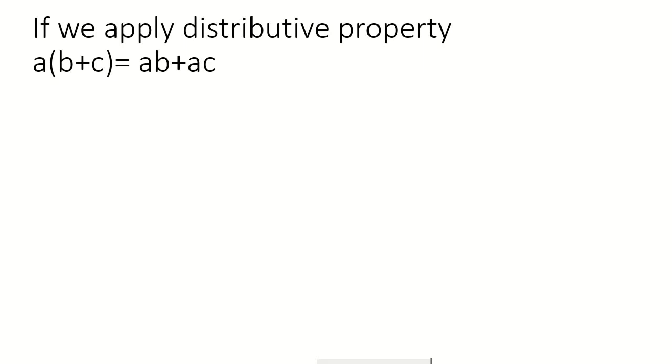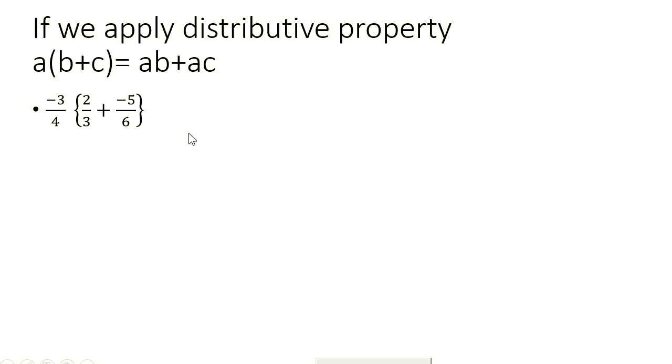Now let us do it by the distributive property, that a multiplied by (b plus c) is ab plus ac. That means the multiplication is distributed over addition. We first multiply a with b and then multiply a with c and then add both the answers.